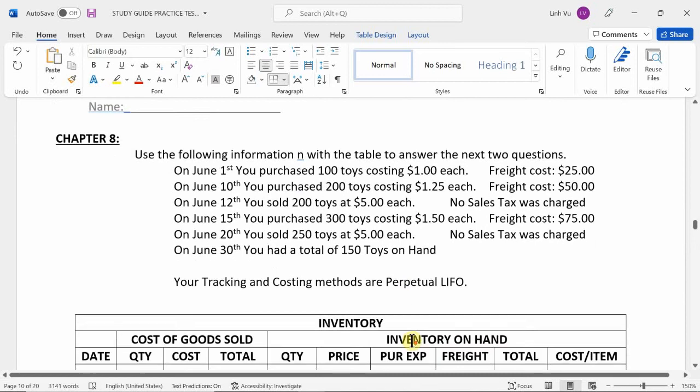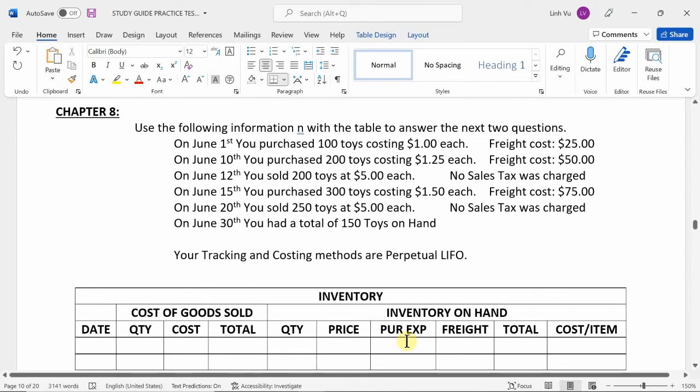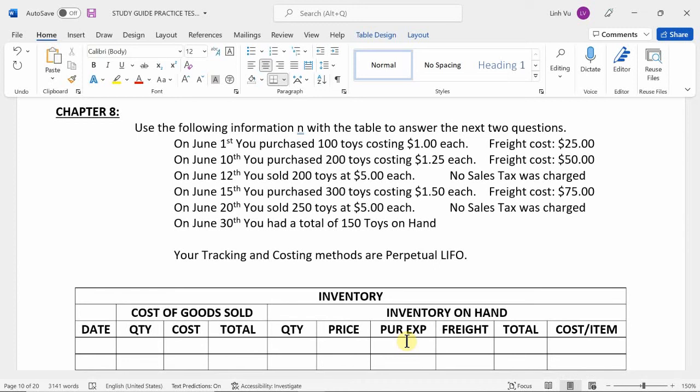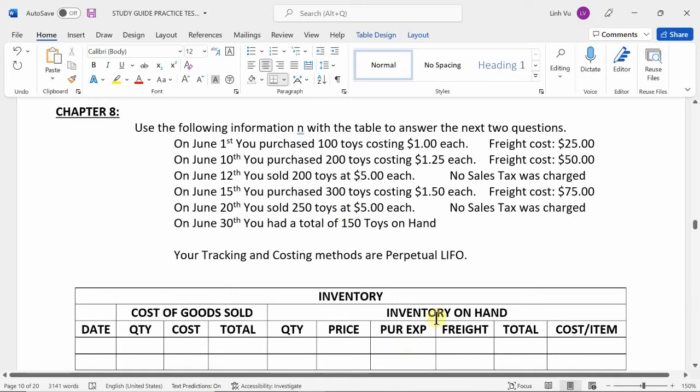So let's practice actually calculating your inventory, okay? So important information you need to know here is your tracking and costing method is perpetual, but this time it's LIFO. Okay? So we're going to use this table to answer the next 2 questions.